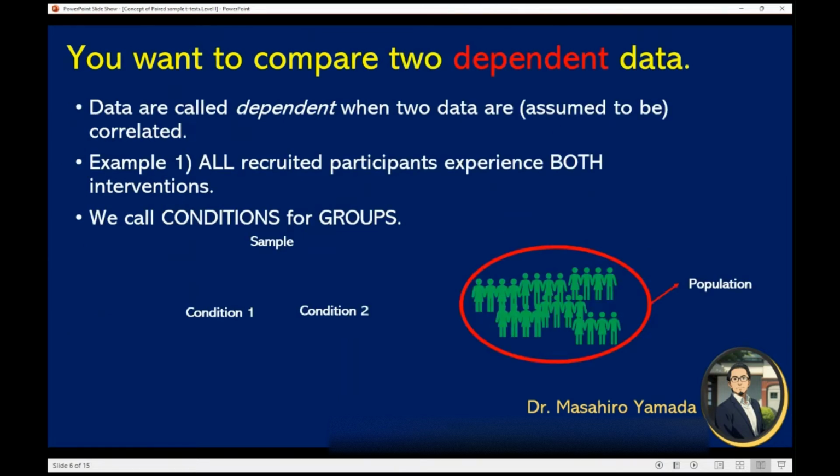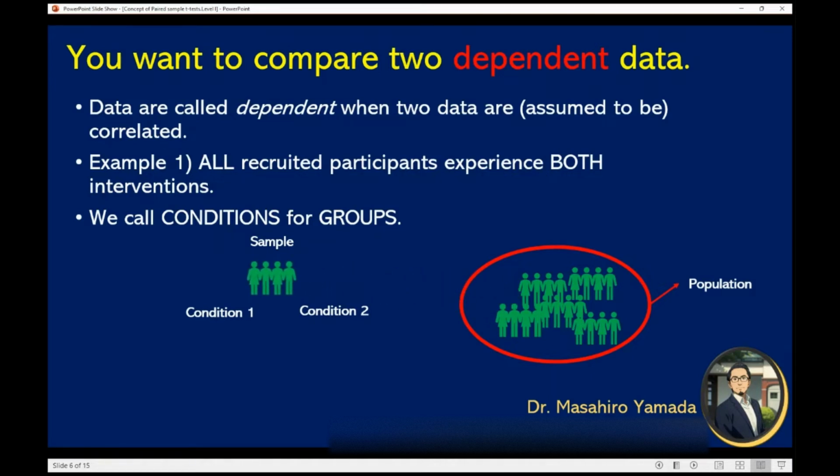What does it mean by two data are dependent? Data are called dependent when two data are correlated or related with each other. So, for example, the situation where you use a paired sample t-test is all participants you recruited will experience both interventions.